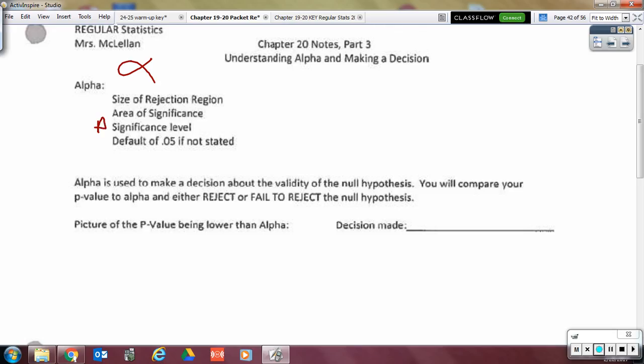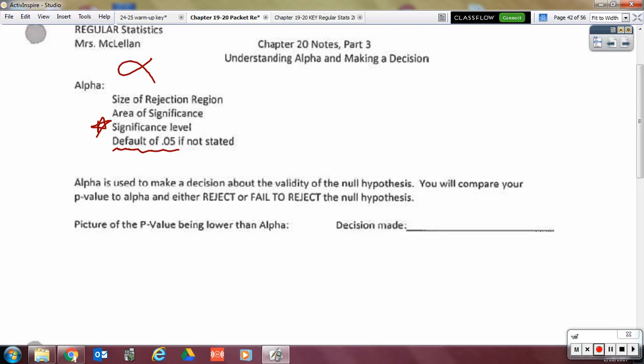Frequently, it may say your significance level is 0.05 or whatever. If they do not tell you another number, then it is defaulted. So if they don't give you an alpha, then it's automatically 0.05. If they do not give you the size of your rejection region, it defaults to 0.05.